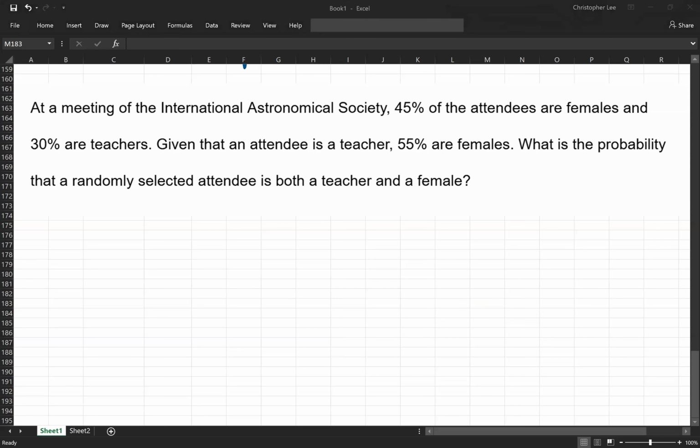So you multiply the percentages. Is this considered independent? Dependent. Yeah.